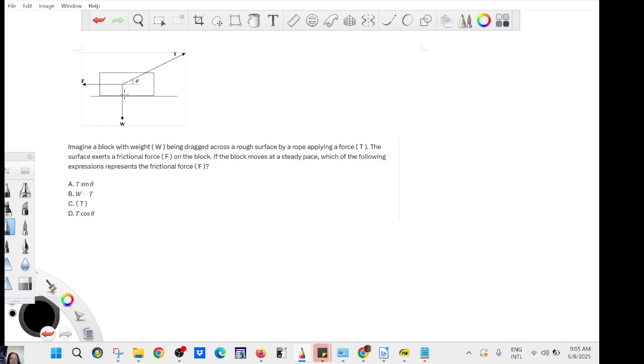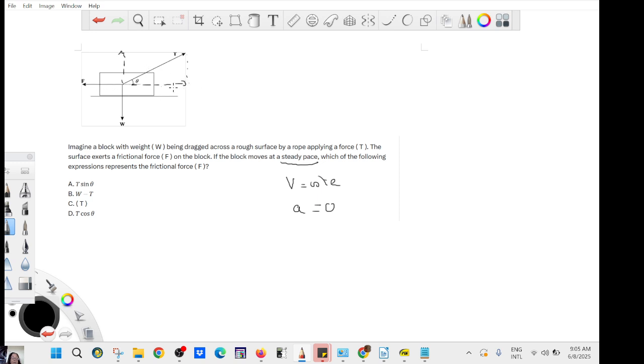So that object here is dragged by a tension T. So here it says at a steady pace. So steady pace means the velocity is constant. So it means the acceleration equals 0. So no acceleration.